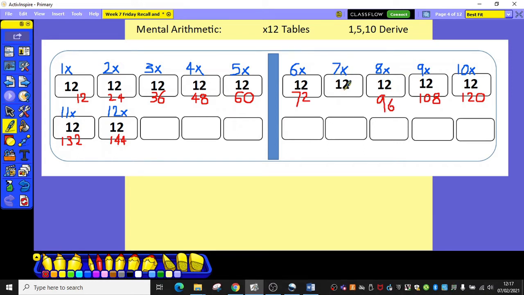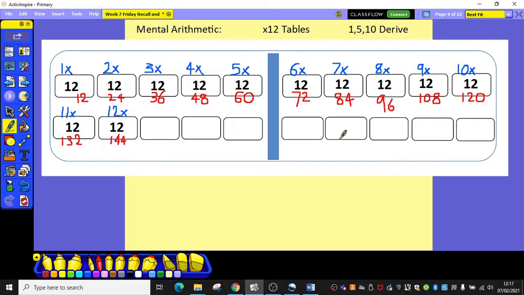And 7 times 12 is going to be another 12 after 72, or I could think of it as 5 times 12 is 60, 2 times 12 is 24, add the 60 and the 24 to give me 84.